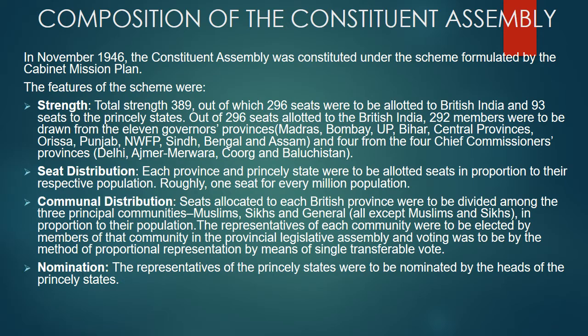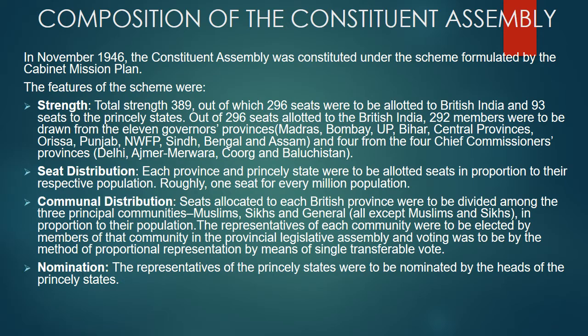Out of these 296 seats allotted to British India, 292 members were to be drawn from the 11 governor's provinces, that is Madras, Bombay, UP, Bihar, Central Provinces, Odisha, Punjab, Northwest Frontier, Sindh, Bengal and Assam, that is, those times' assemblies, and 4 from the 4 chief commissioners' provinces, that is Delhi, Ajmer-Merwara, Coorg and Baluchistan.